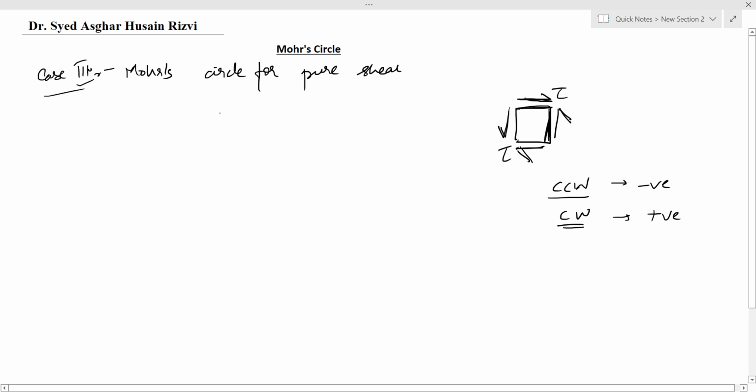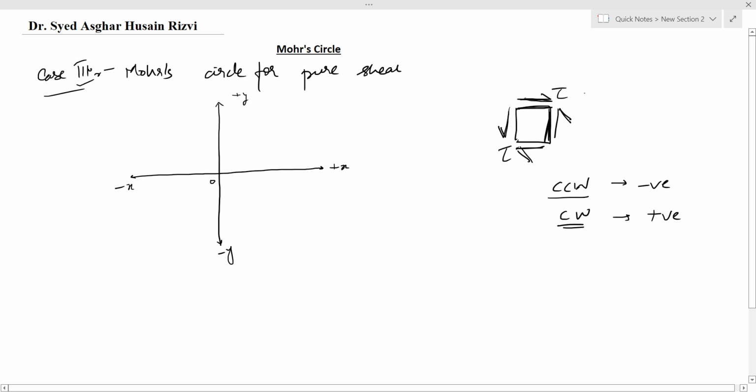So while plotting, we will plot it on the y axis, negative y and positive y. This is the negative y axis, this is positive y, this is positive x, and this is negative x.